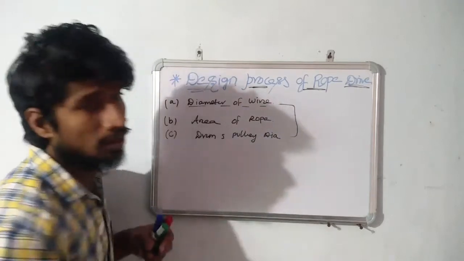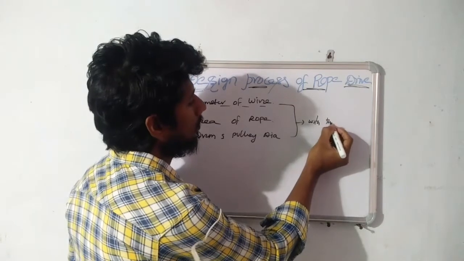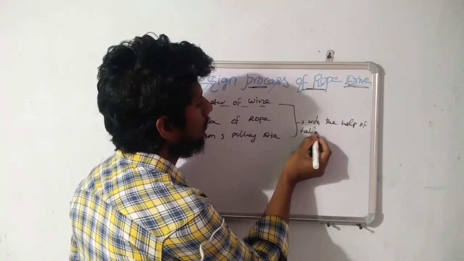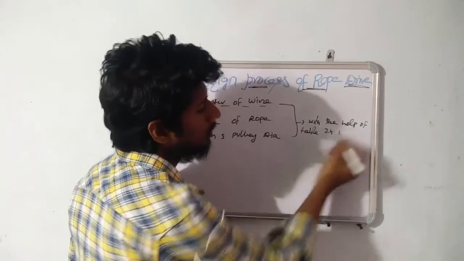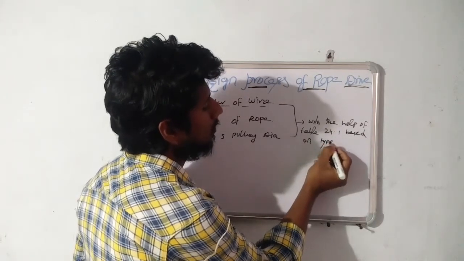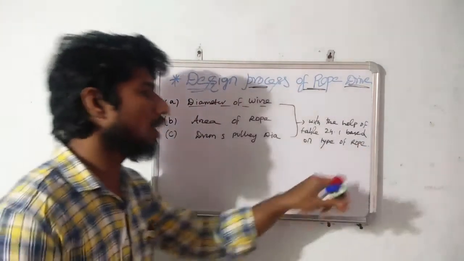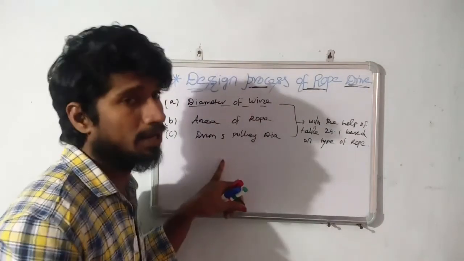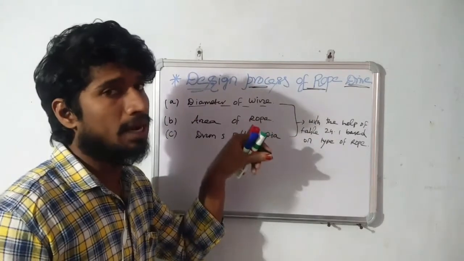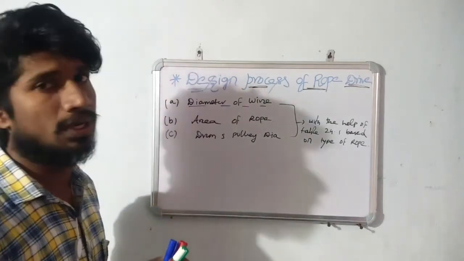So these are all found with the help of table number 24.1, based on the type of rope. So based on the type of rope, we are going to find out all these parameters. And one more thing is, each and every parameter depends upon the diameter of rope. So this is about another step here.